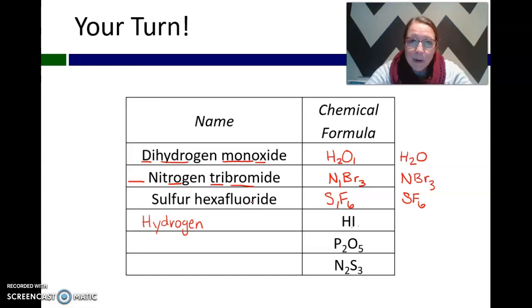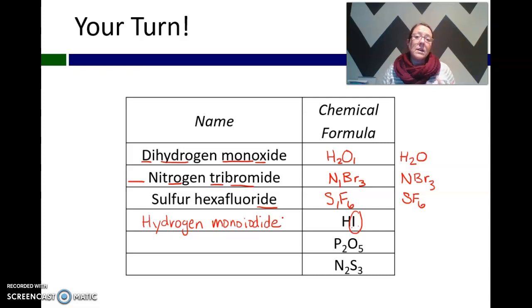We don't change the ending on the first element. Now here is perhaps the trickiest convention for these nonmetal covalent molecules. There's 1 iodine. So just like hydrogen, we would write iodine and change the ending to -ide, iodide. However, if there is a single atom and it's the second element listed, that's when you use the prefix mono. So monoiodide.